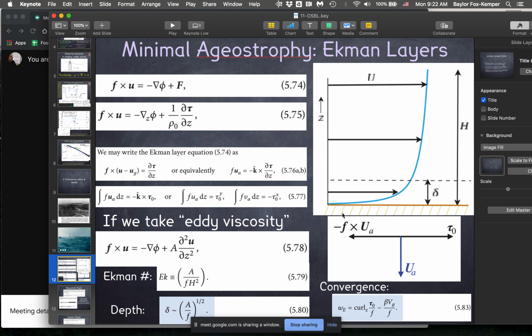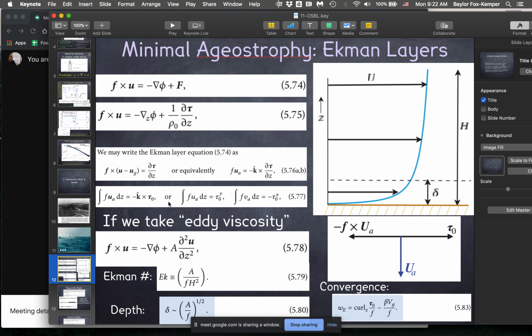And since the Coriolis force is perpendicular to the flow direction, you start thinking about a force balance that looks something like this, with the flow going in a different direction than the stress, and the stress being opposed by the Coriolis force. I'm going to come back to this because this is actually a vertical integral of it, shown in this figure. So we're going to think about that a little bit more.